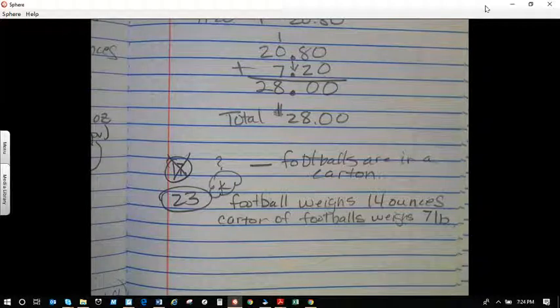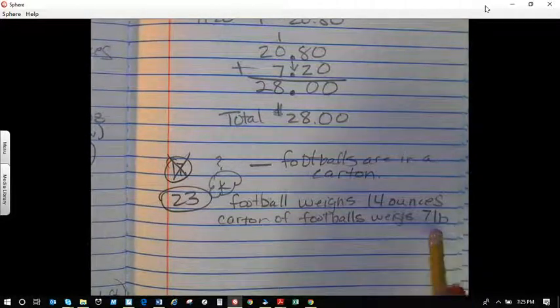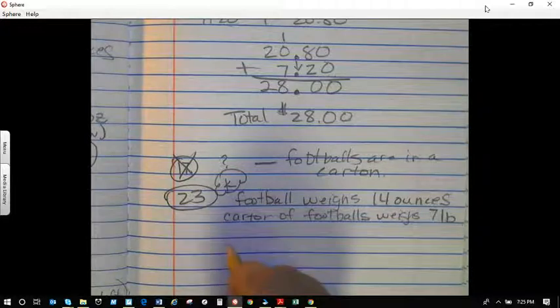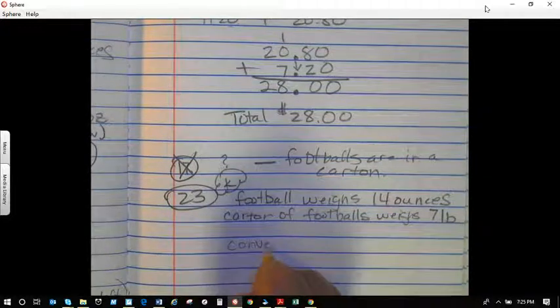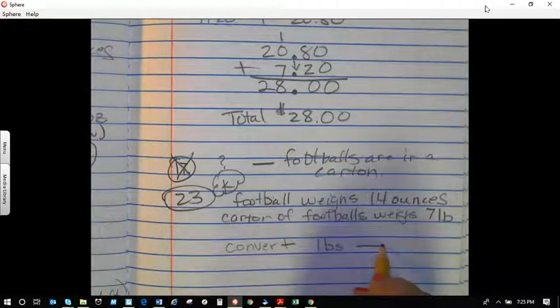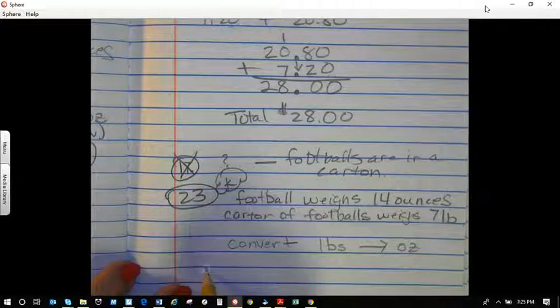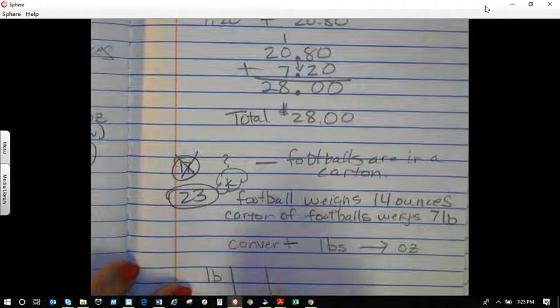All right, I'm going to go from pounds to ounces because I have to find that out. So I'm going to convert pounds to ounces. I know that, making my table, 1 pound is equal to 16 ounces.